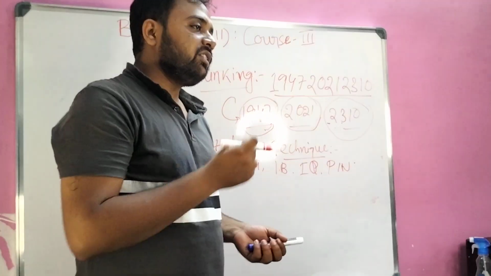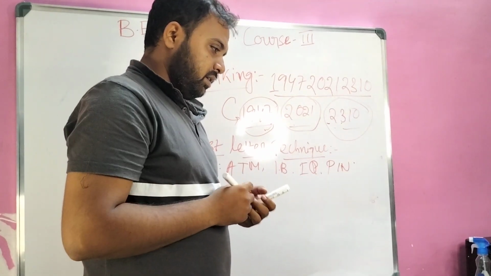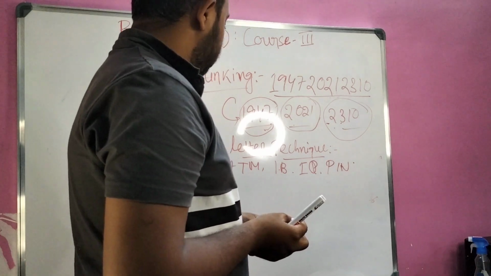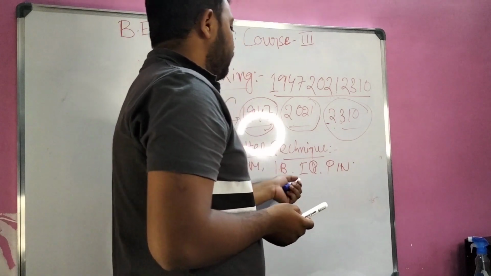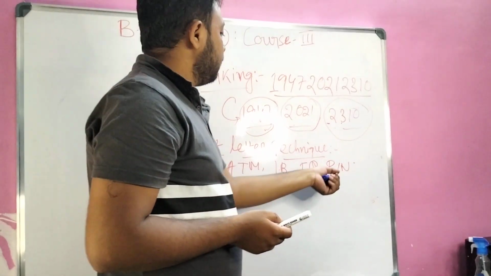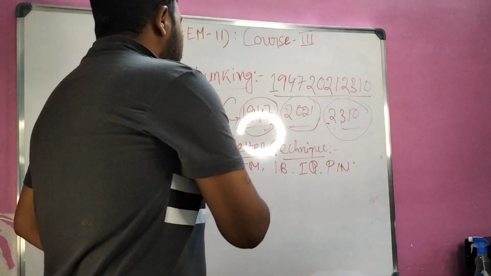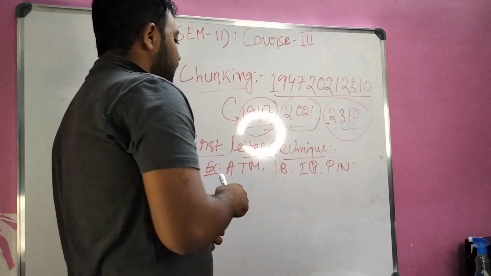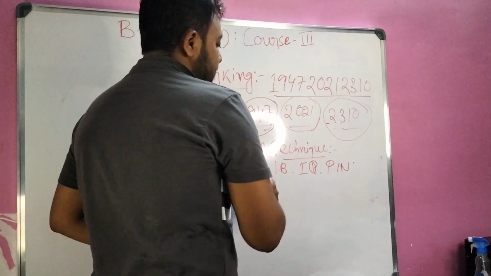Like what is the full form of ATM? Anyone tell me? Automatic teller machine. IB is Intelligence Bureau. IQ is intelligence quotient. PIN is postal index number. All those things are remembered long term by the first letter method.